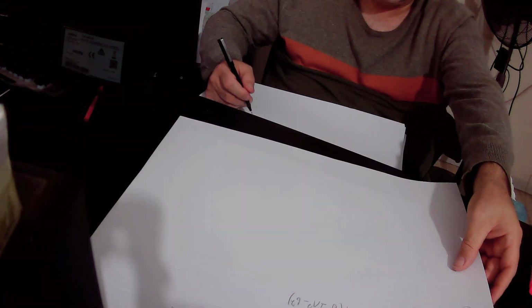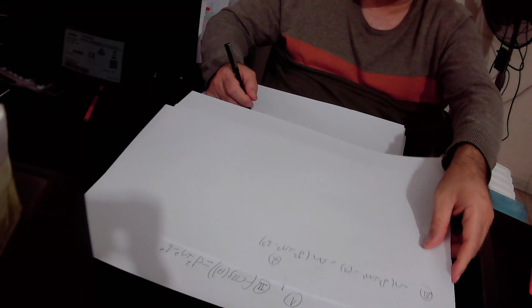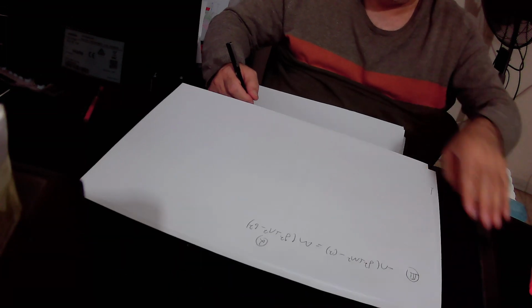So this is equation number 3 after we cross multiply it.